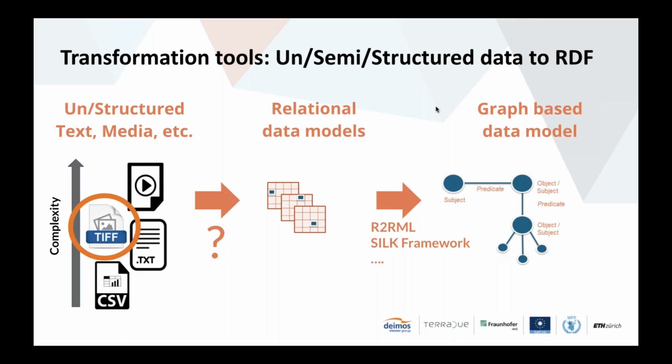In satellite imagery, okay, we're trying to catch information from images, which is a bit more tricky than catching information from text, right? It's a bit easier, but it's still possible.